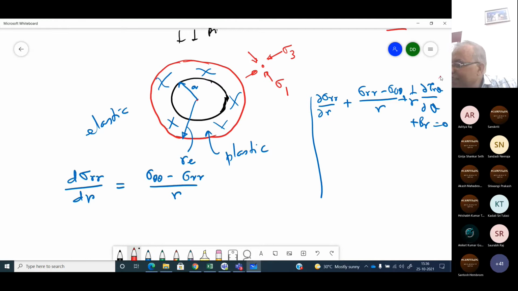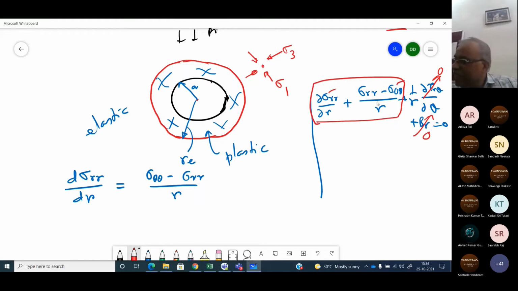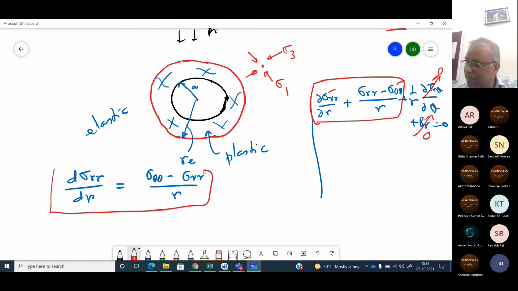Now here, this term is 0. br is coming from body force. We are assuming it to be 0 for this point of time. So ultimately, this is what it remains. Now you can see this sigma rr and sigma theta theta are only functions of r. So I can write the ordinary differential equation rather than a partial differential equation because it's theta independent.